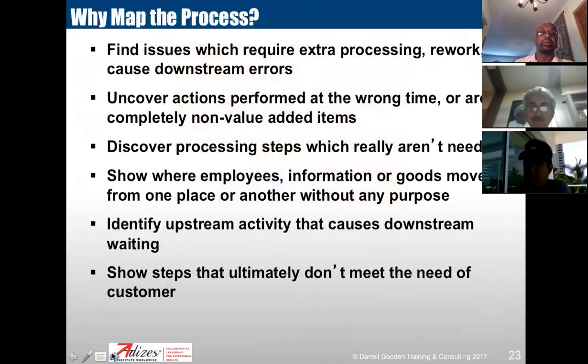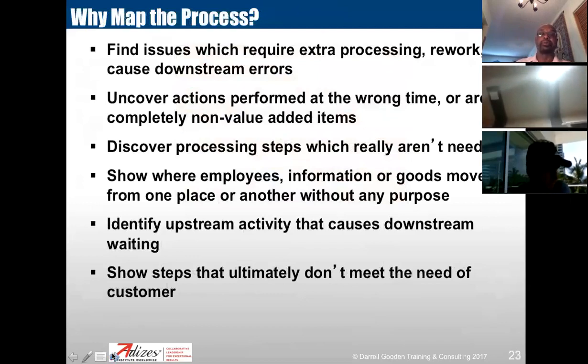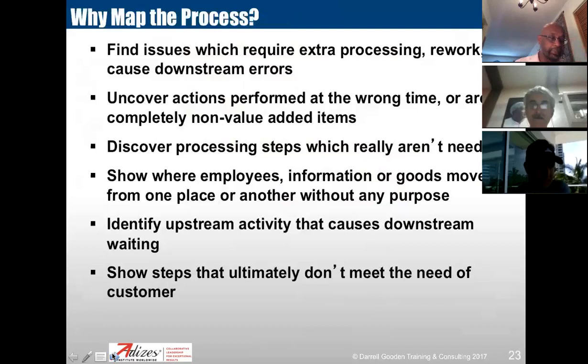And why do you map the process? It helps you identify opportunities where you see rework is built into the process as a hidden factory of some kind, because it's happened like that. So therefore we put 2 additional steps in just so we can watch that thing doesn't happen to us all the time. It uncovers actions performed at the wrong time or completely non-value-added steps, so on and so forth.